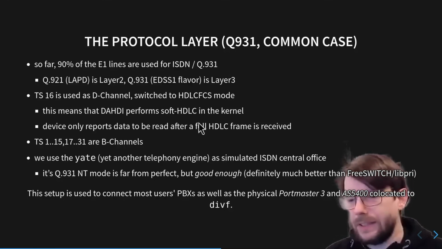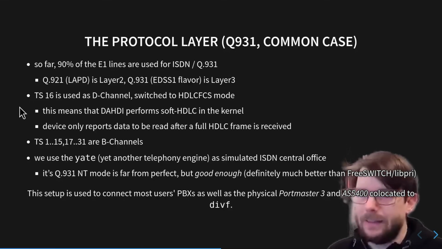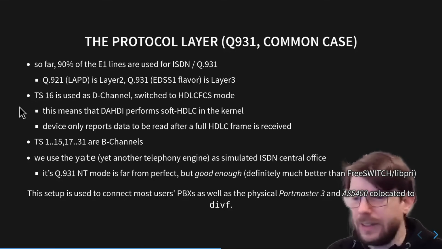So from the interface, from the soft switch to the DAHDI side, we have one time slot, time slot 16, which is operated in HDLC FCS mode. That means that the kernel implements it, it's a standard feature of DAHDI, nothing specific to this setup.